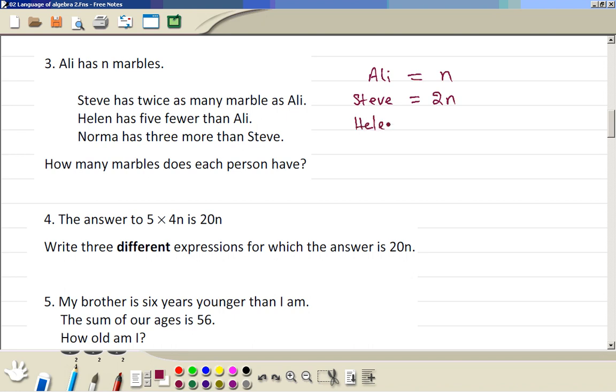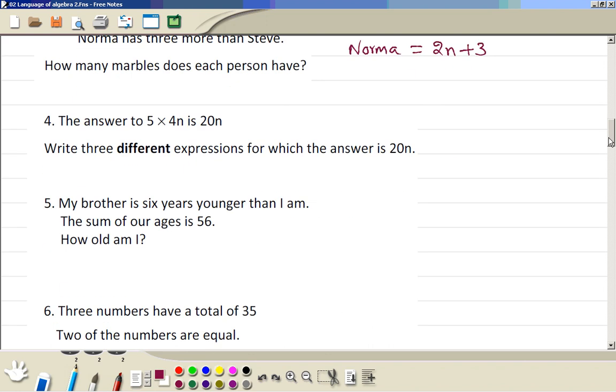Helen has 5 fewer than Ali, so n minus 5. Norma has 3 more than Steve, so it's 2n plus 3.